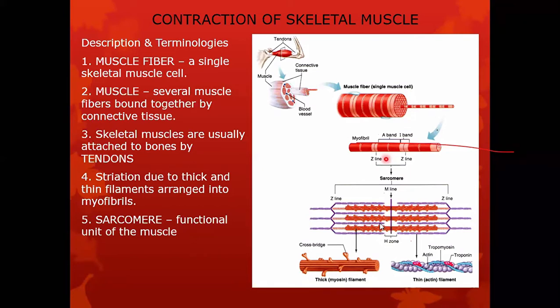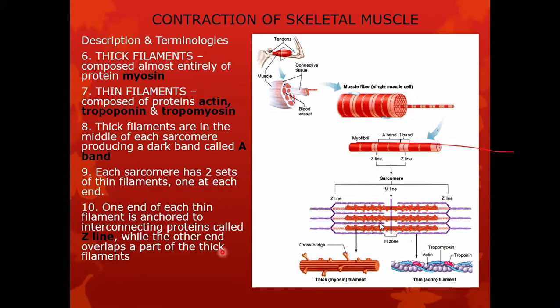The center is made up of the thick filaments. The thick filaments are composed of myosin, entirely protein. The thin filaments are composed of proteins: actin, troponin, and tropomyosin.